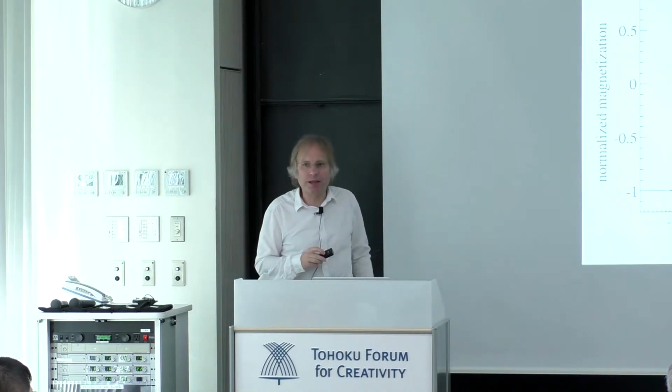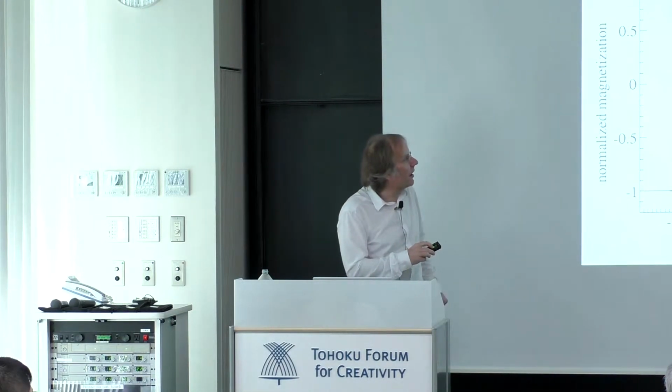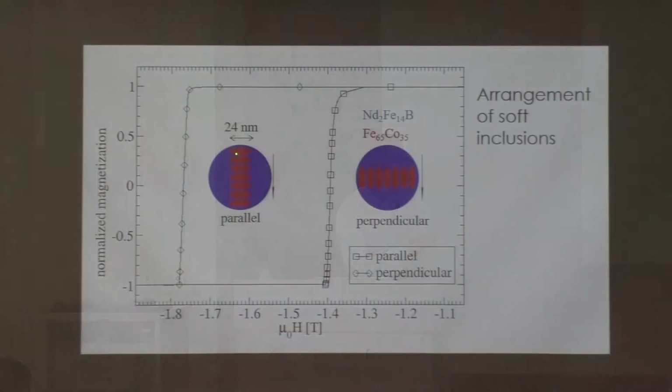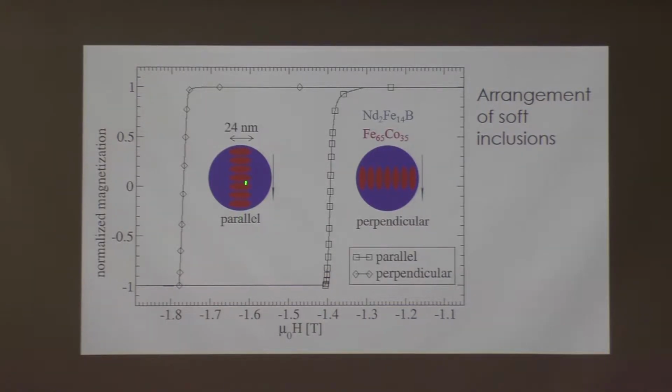And so we did some micromagnetic simulations with soft magnetic inclusions in red, and a neodymium iron boron matrix. On the one hand, we form these chains of soft magnetic inclusions, and on the other hand, we have this lateral or perpendicular arrangement.